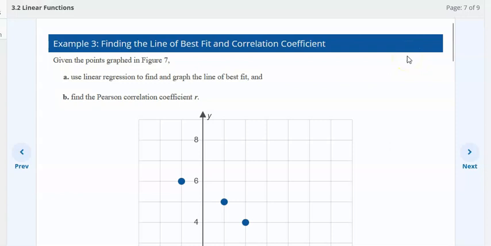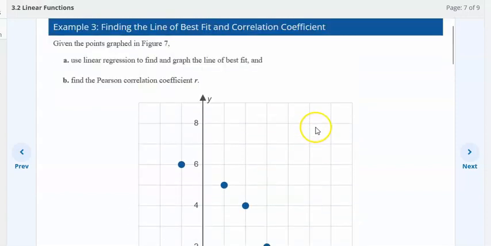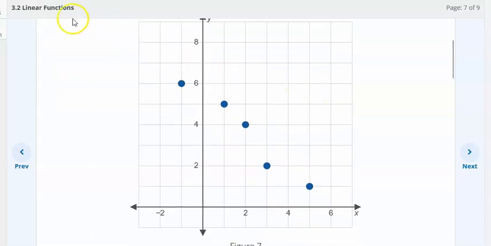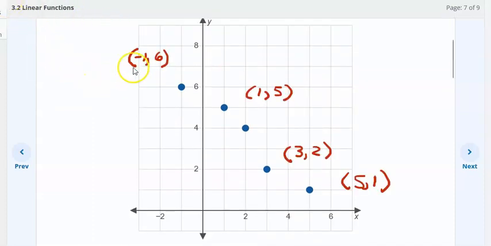Now, the proof of the pudding is to see if you can take this information and find, using linear regression, the graph of the line that best fits this data, and then later the Pearson correlation coefficient, the letter R. So as we look at this, you would need to define the coordinates of these points.